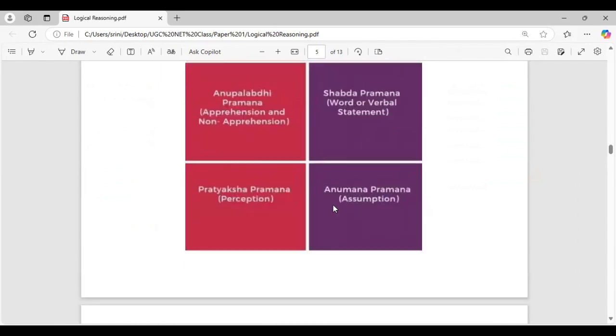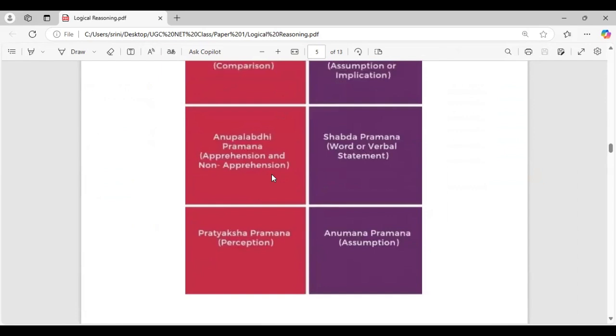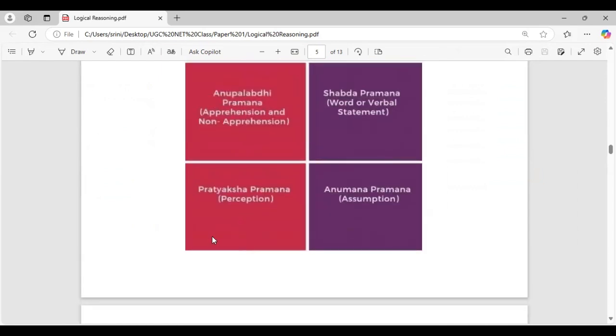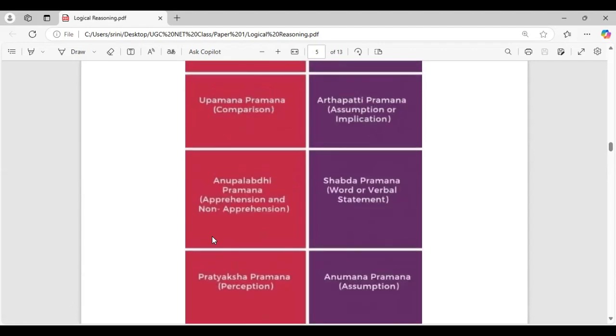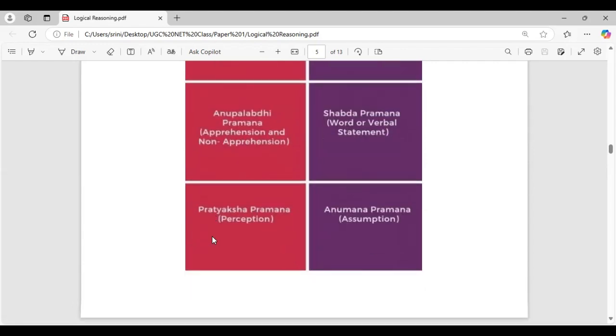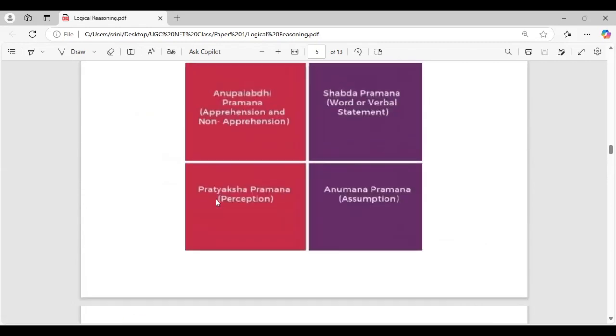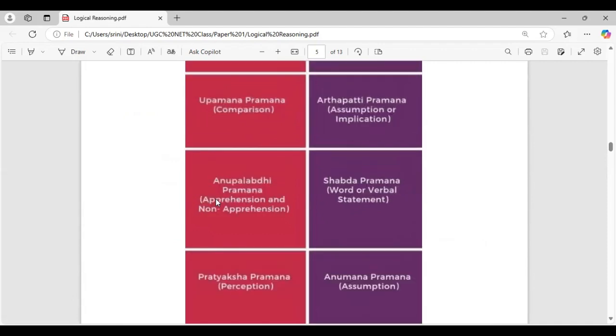Pratyaksha, Upamana, Shabda, Arthapatti, Anupalabdhi, then Anumana. First one, Pratyaksha Pramana, that is perception through sense organs. Knowledge through sense organs. Then Upamana.